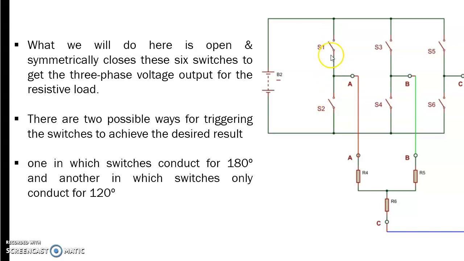It is not possible to conduct two switches in the same leg at a time, because that will create a short circuit. So if this is switched on at 0 degree, it will continue conducting up to 180 degree, and after that this will come into the picture.